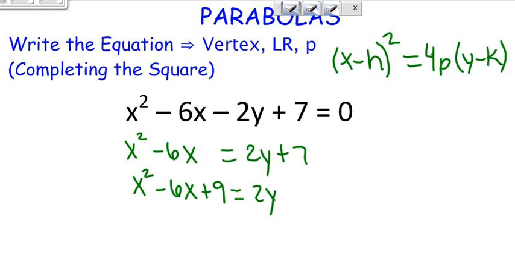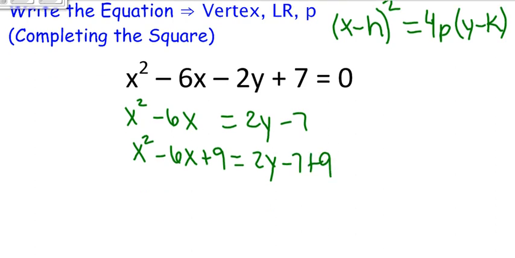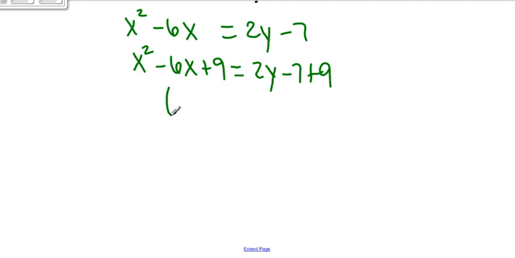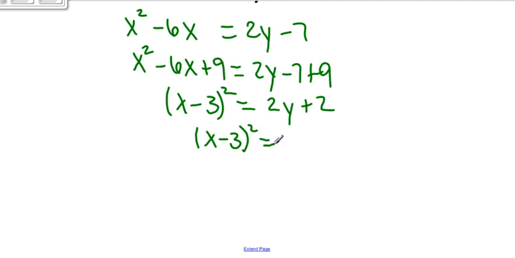Oop, that should have been a minus 7 up there, because when I moved it over, it became negative. 2y minus 7 plus 9. So we complete that square, we're going to get x minus 3 squared equals 2y plus 2. So that's x minus 3 squared equals 2y plus 1.